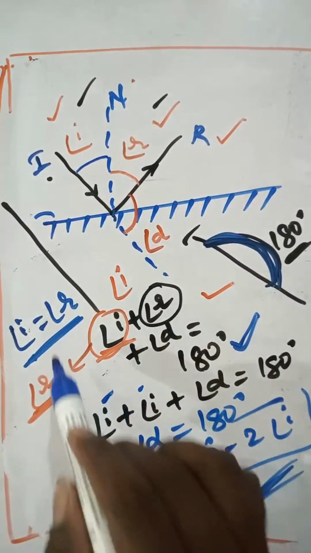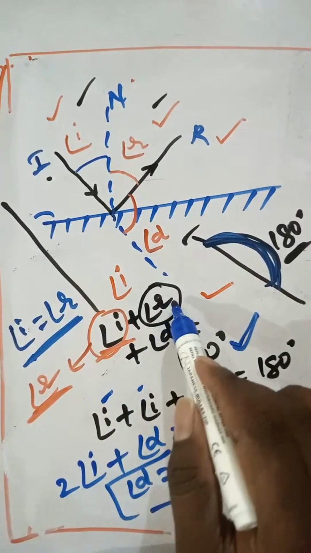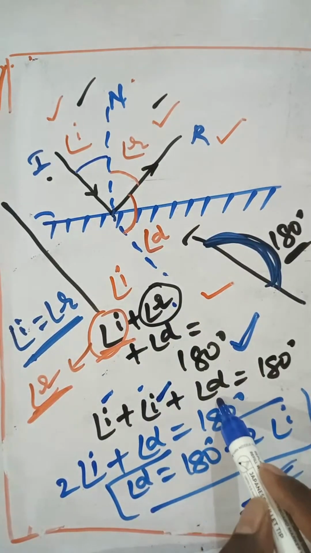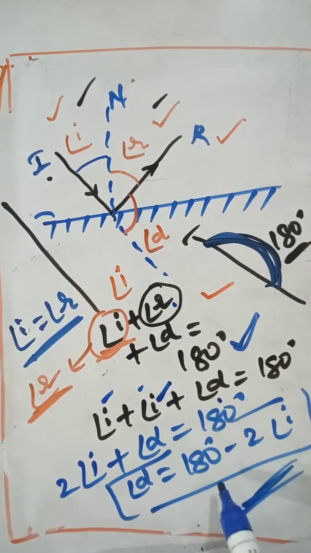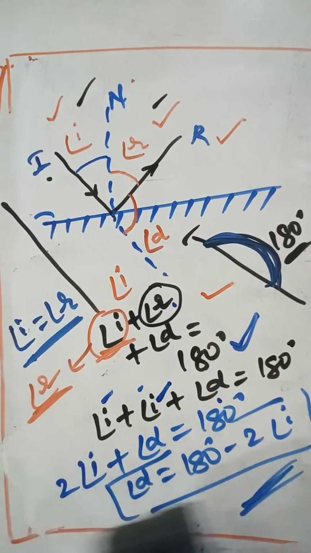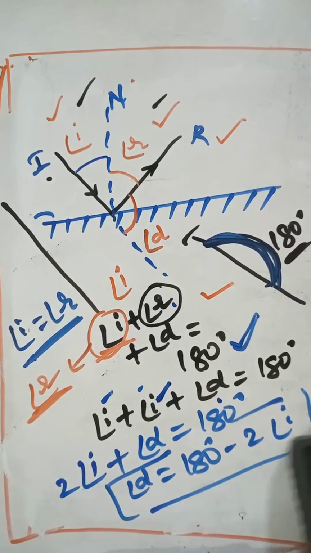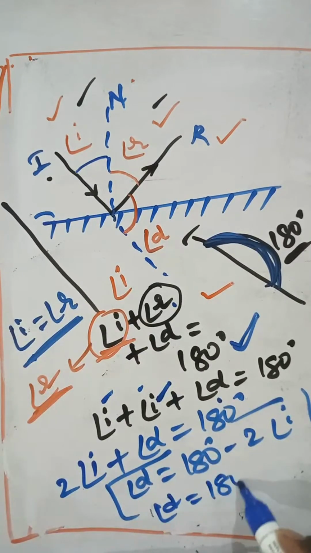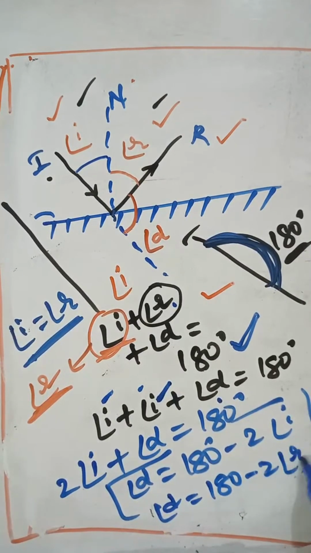So instead of the angle of reflection, I write the angle of incidence, and the angle of deviation equals 180 minus 2 times the angle of incidence. Instead of this, we can also write the angle of deviation equals 180 minus 2 times the angle of reflection.